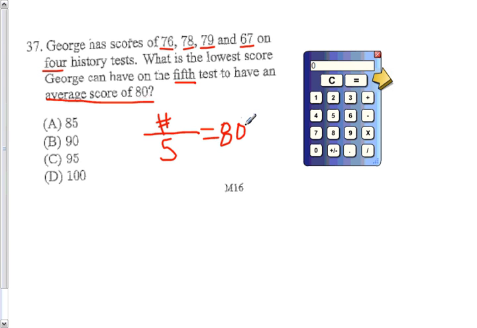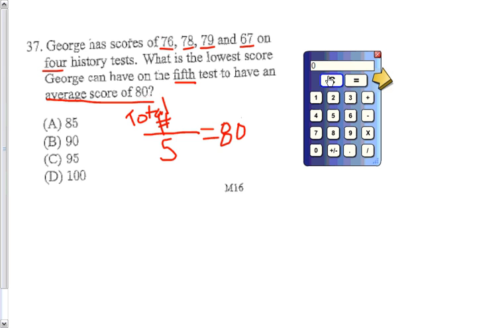So now we have to think, what total number divided by 5 would equal 80? This is the total of all 5 scores.